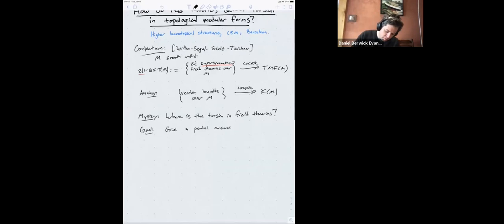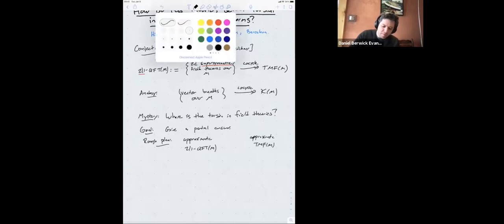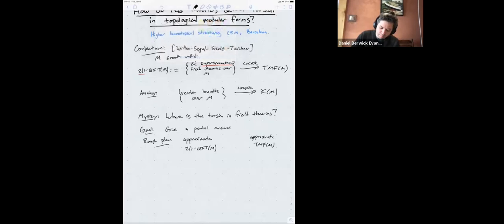So roughly, the plan is to approximate 1-QFT of M, and also approximate TMF of M. And then with those approximations, we can write down a cocycle map.